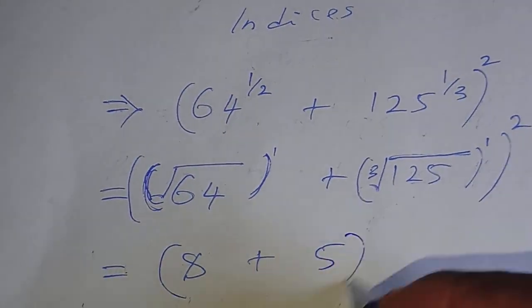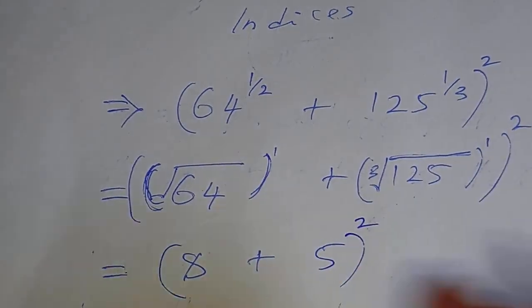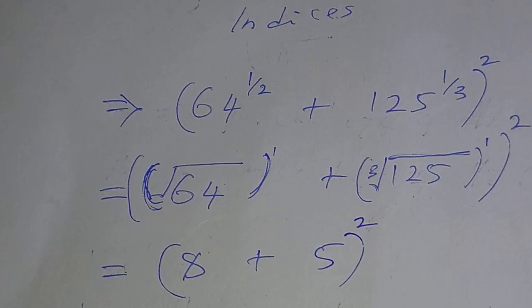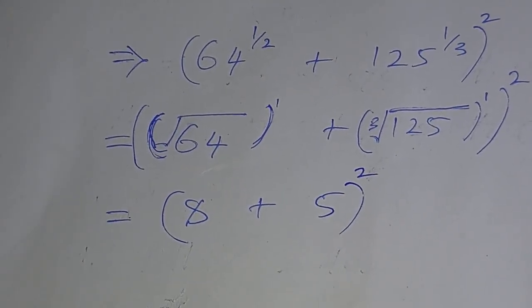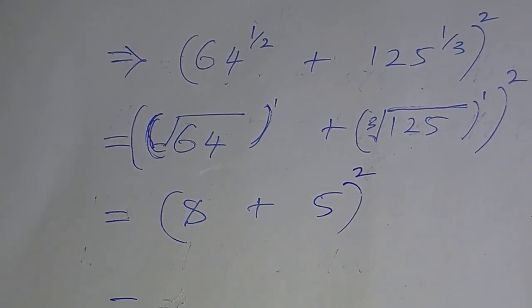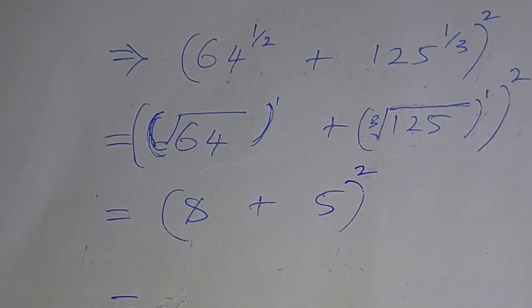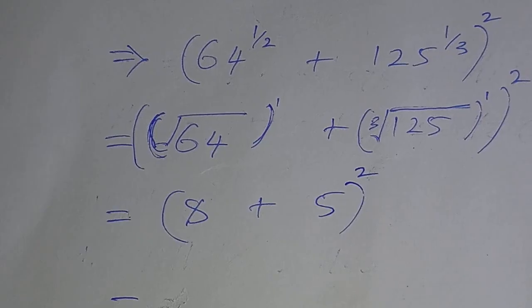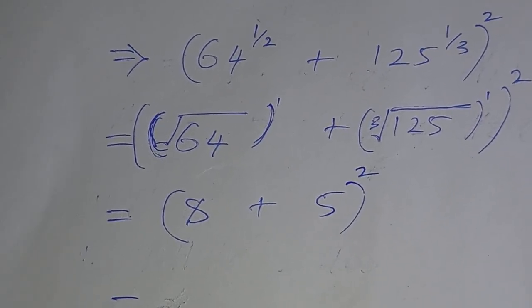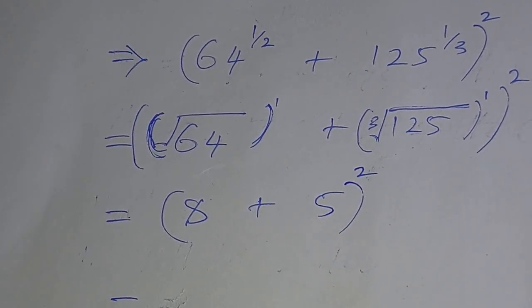Don't forget, we are still squaring all of this. All of it squared. That is just it. So having done that, we'll just do the simple arithmetic there, and that will give us the answer. Don't forget, this is one of those you have to solve in a sprint, and you get your answer.